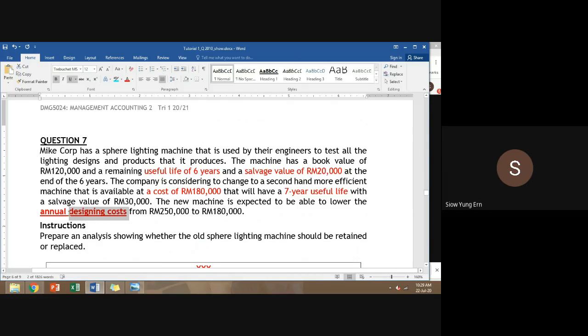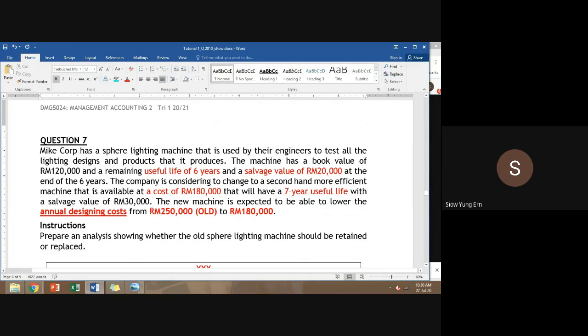So in your answer, you need to use back the same one, designing cost. From 250,000 to 180,000. So it says the new machine is expected to lower the cost from 250,000. That means this is the old machine.